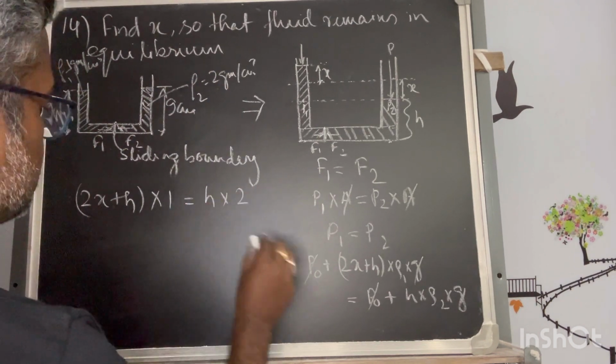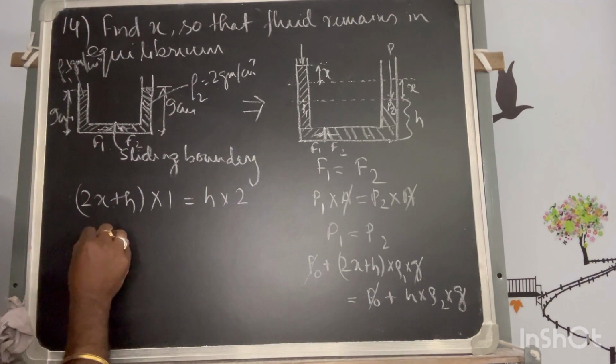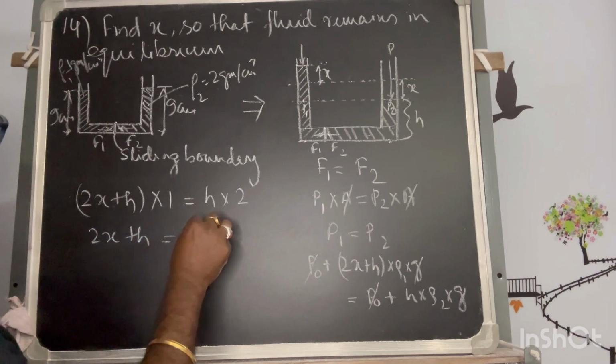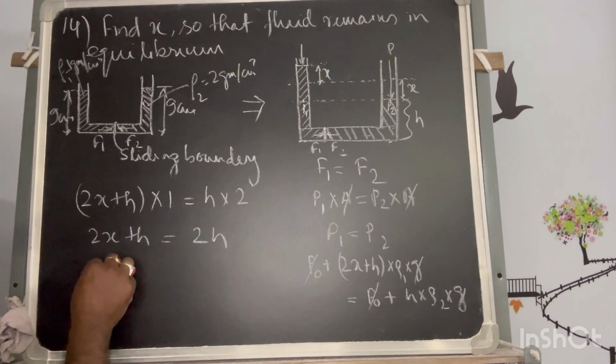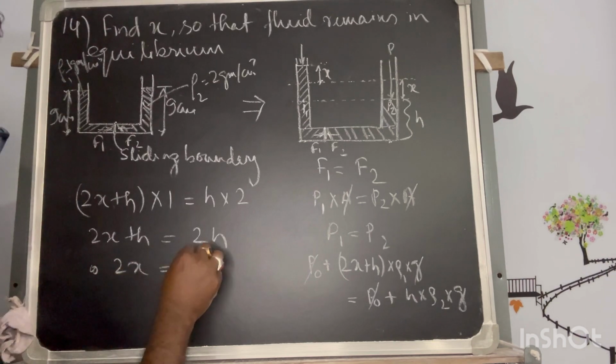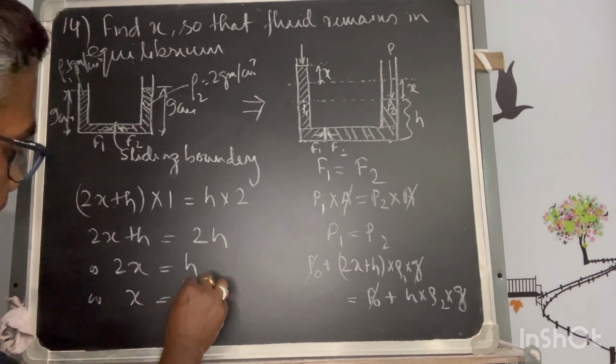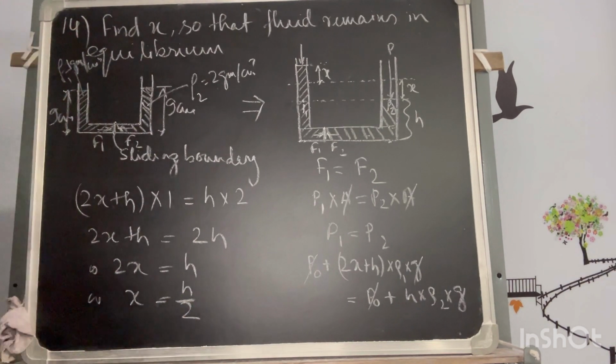Okay, into G cancelled out. So that means 2x plus h is equal to 2h, or 2x is equal to h, or find x. So find x is equal to h by 2.